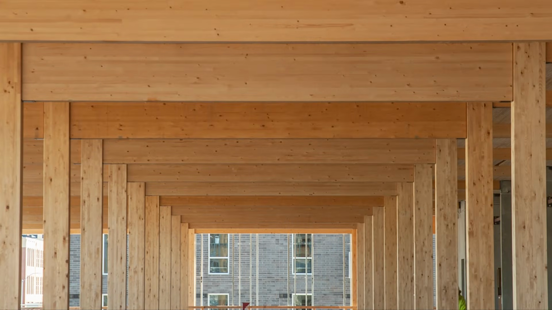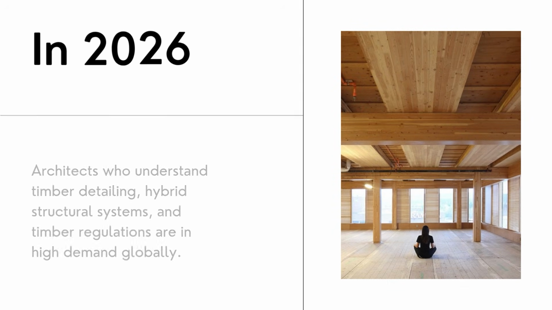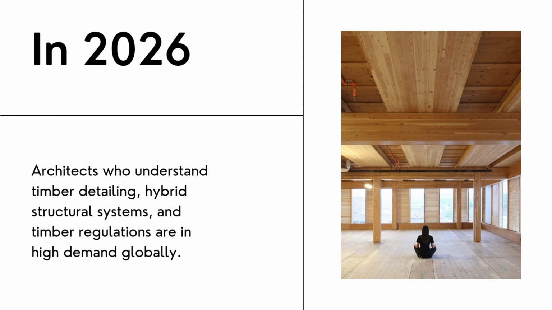However, it also requires strong coordination with fire safety regulations, moisture protection, and acoustic performance. In 2026, architects who understand timber detailing, hybrid structural systems, and timber regulations are in high demand globally.